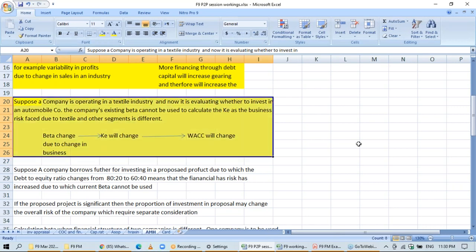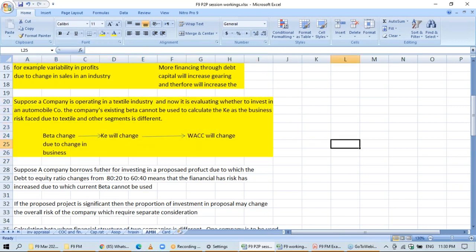Let's suppose we are planning an investment in a project in the textile industry. So suppose a company is operating in the textile industry and now it is evaluating whether to invest in an automobile company. So there is a question: will the risk in the textile industry and the automobile industry be the same?